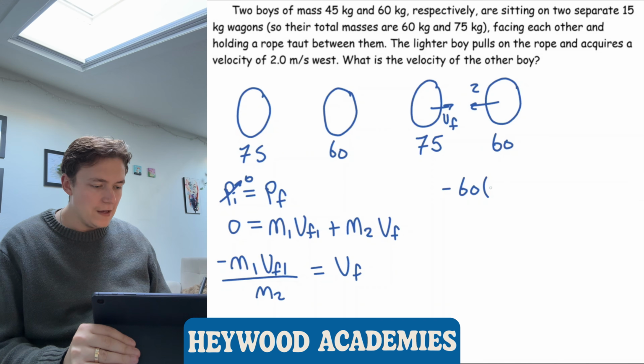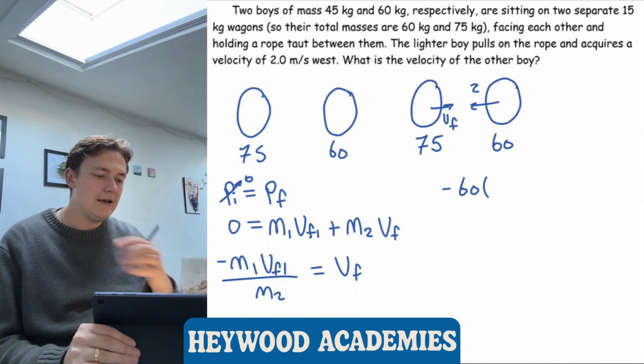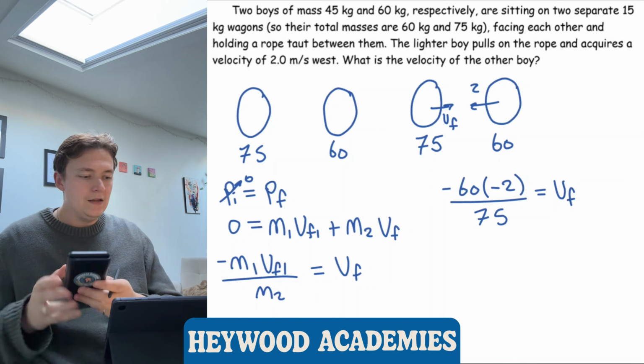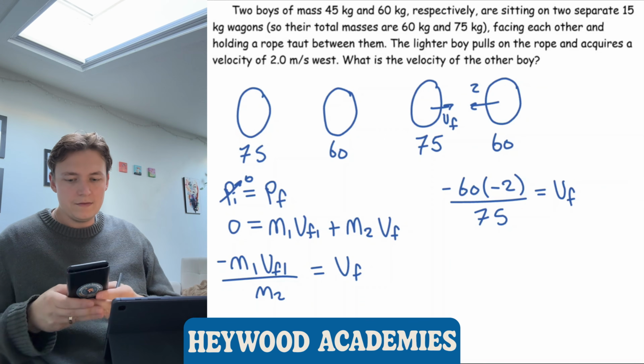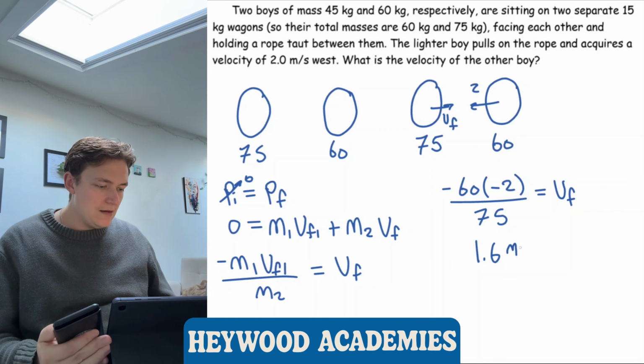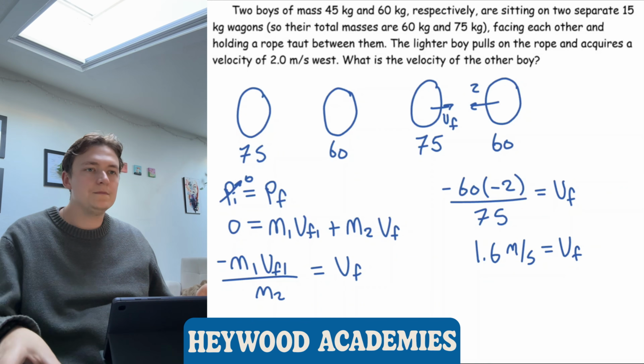And then the final velocity for that person is to the left by 2, so we're going to say negative 2. And then we'll divide by the heavier mass, 75, and that's going to give us our final velocity. So now we can just plug that in to get our final answer. And we get 1.6 meters per second positive, so that means that that is going to the right.